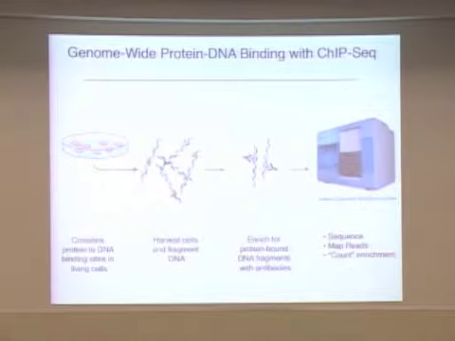It's been very valuable for us in nucleating models for how these transcription factors and other regulators control the genome, and it effectively uses cross-linking of proteins to DNA, shearing the DNA, the isolation of those cross-linked protein-DNA complexes with antibodies, and then determination of the enriched DNA fragments by methods like DNA microarray or, more recently, DNA sequencing.